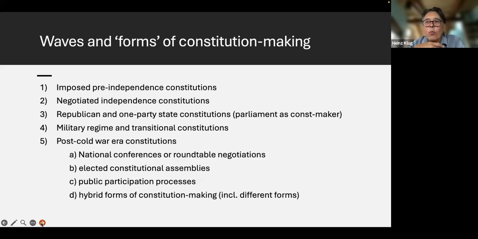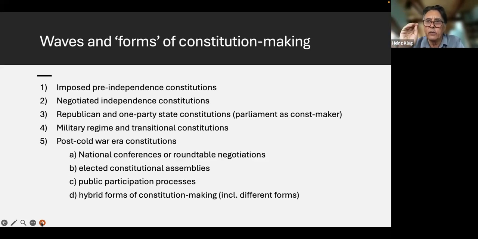Okay, so there's been a lot of discussion about waves of constitution making across Africa. And of course, one can think about it in that kind of metaphor of waves. You have the pre-independence, post-independence, then the Republican one-party wave, and then eventually the post-Cold War wave.